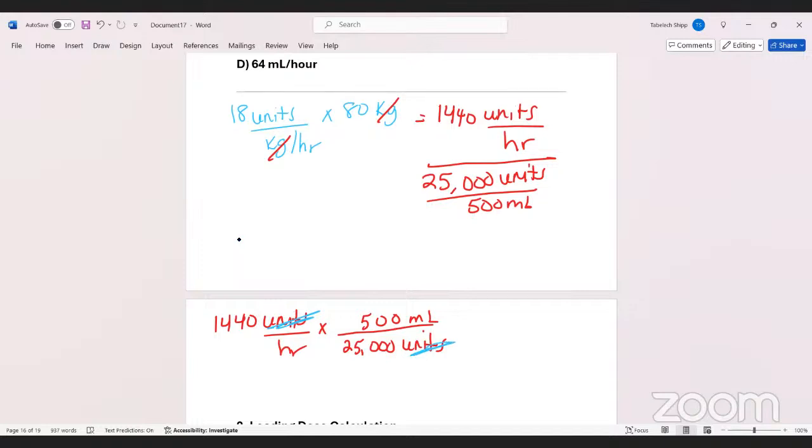And you're going to simply multiply 1,440 times 500 and then divide it by 25,000. Okay, so let me show you. I'm going to put this up here on the calculator so y'all can see that.